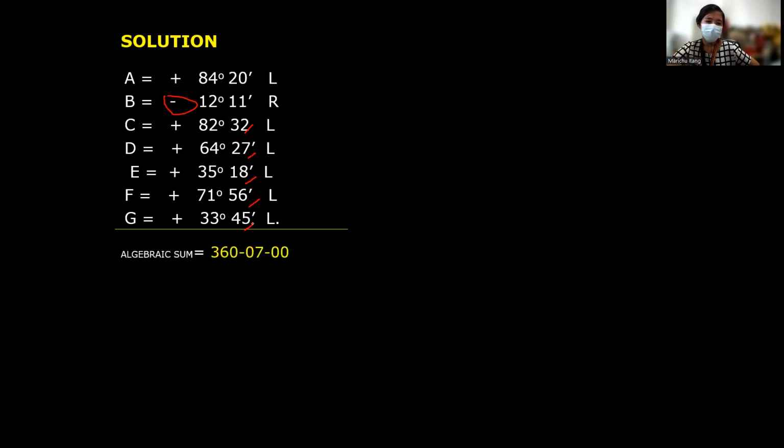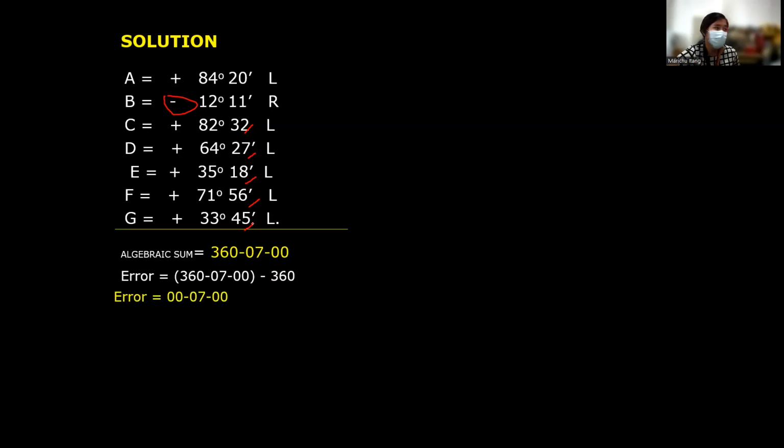Okay? So meron siyang sobra na 7 minutes. So the same as the method that we did in the last problem, we need to determine the error of closure and then determine the correction to be applied in each angle. So minus 360 degrees, we have an error of 7 minutes.